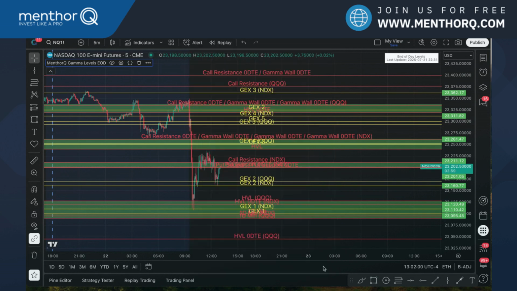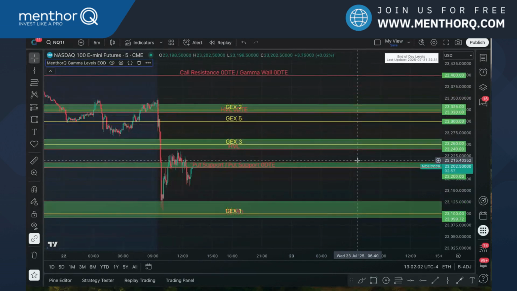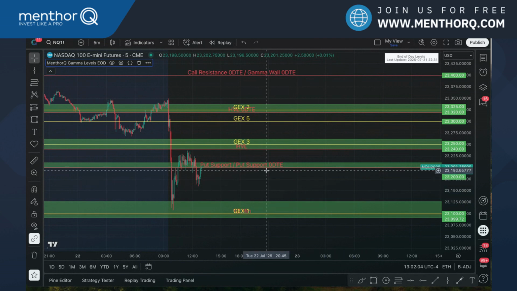And now we can easily trade with a roadmap that is telling me that this area is important, not only because we have our put support coming from NQ, but we also have an important area of conviction coming from both NDX and QQQ. To the downside, this area is going to be very key. We saw it, the price bounced exactly at the QQQ level right there.